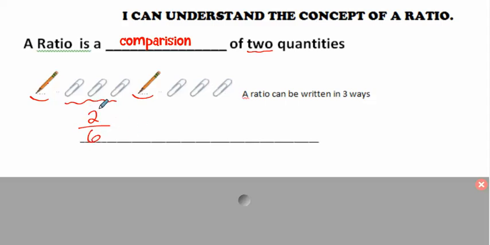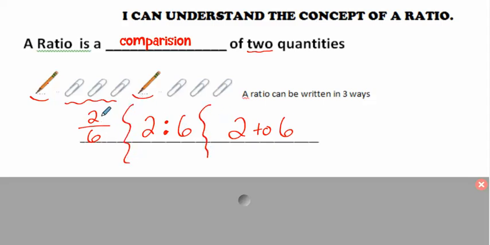So a ratio can be written as, it looks like a fraction. It can be written with a colon. So 2 to 6, I can write it like this, 2 to 6, that's a colon. Or the other way, it can be written with the word to. So these are the three different ways you can write a ratio.